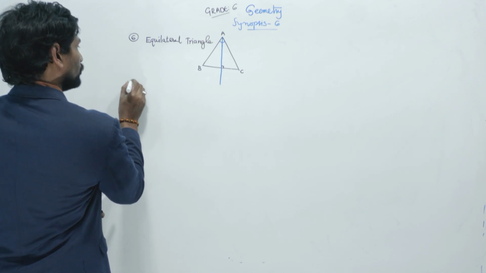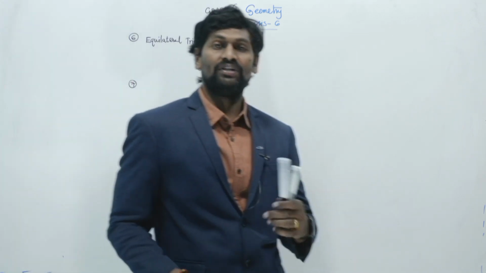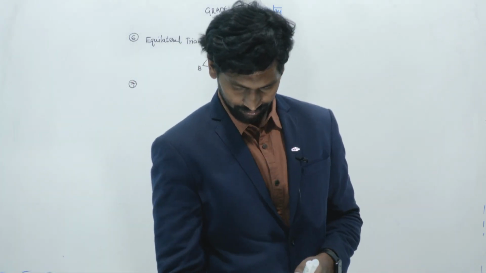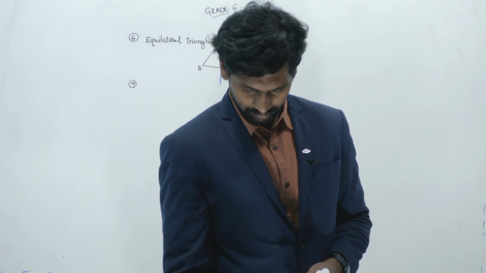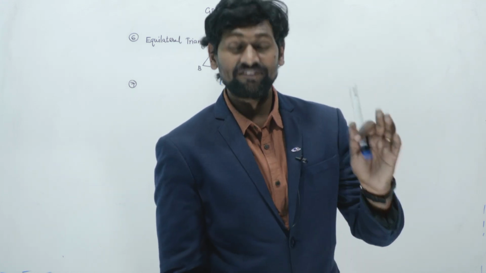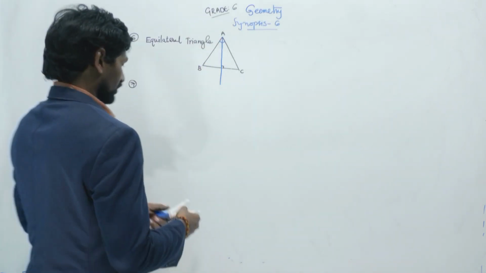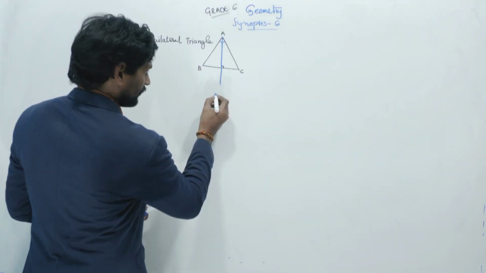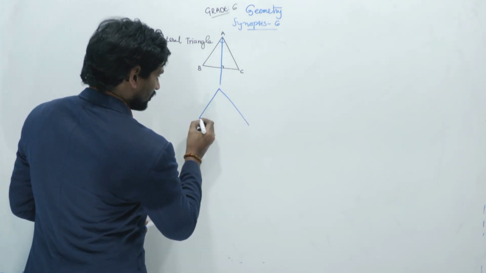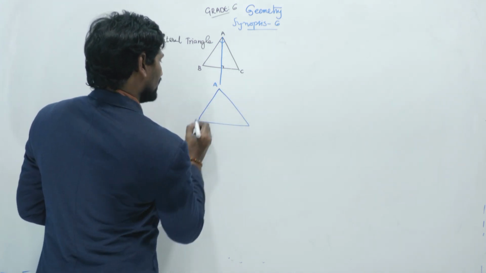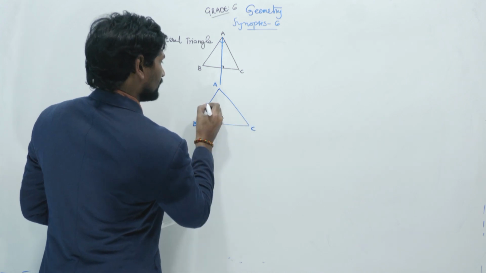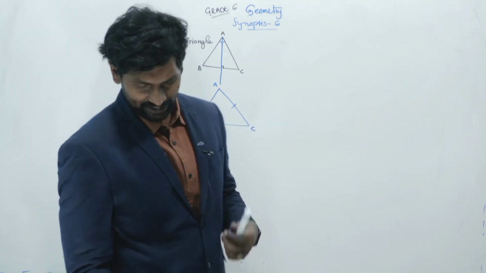Okay, let us move on to question number 7. In the given figure AB equals AC. Let me draw the diagram first. So it is triangle ABC, AB equals AC.